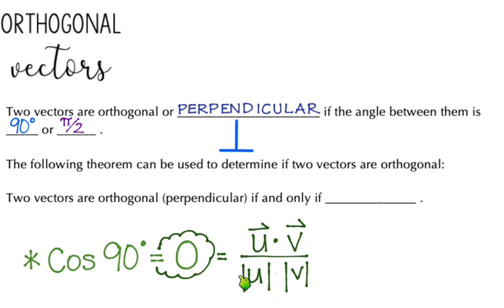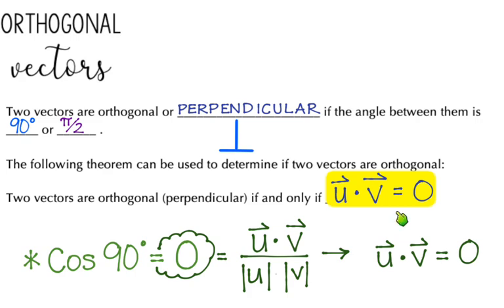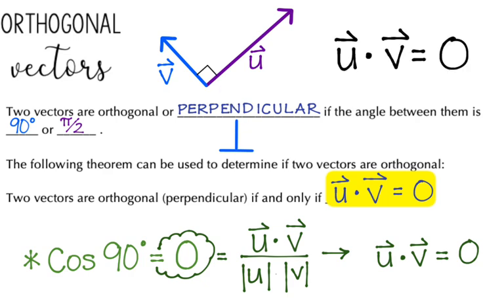The only way for this fraction to equal 0 is if the numerator were 0. Well, the numerator is the dot product. So anytime the dot product is 0, I know I have orthogonal vectors. So anytime my dot product is 0, my vectors will be perpendicular.